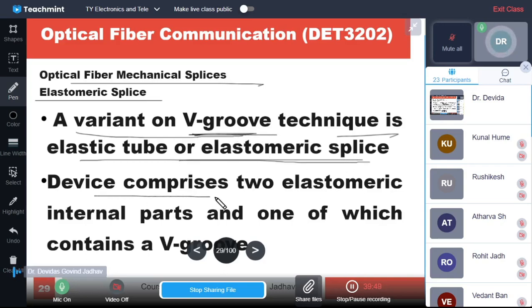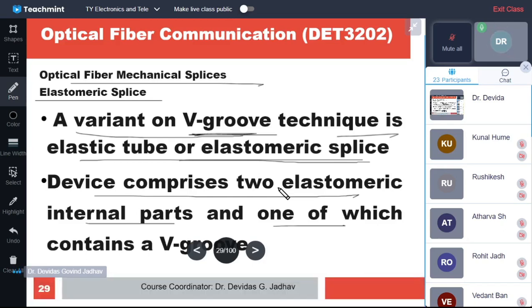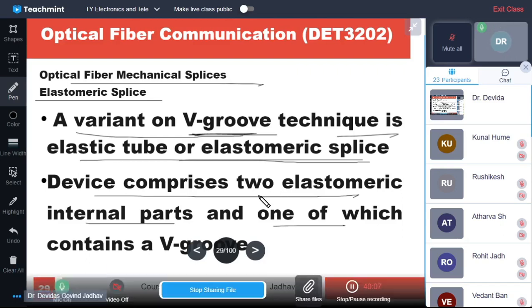The device comprises two elastomeric internal parts, one of which contains a V groove and the other is flat. Like two plates, one V groove plate and one flat plate. So it is a variant of V groove, and it is called the elastomeric splice.